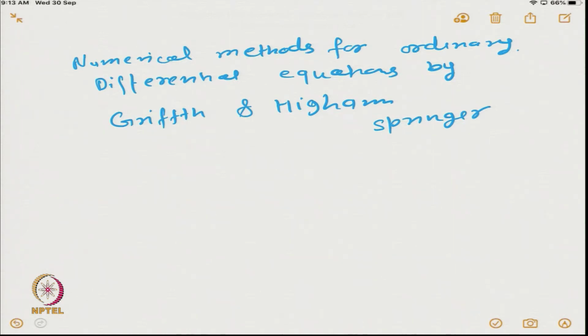Now, let me recall what we have done in the last lecture. In the last lecture, initially we have seen Taylor series methods.